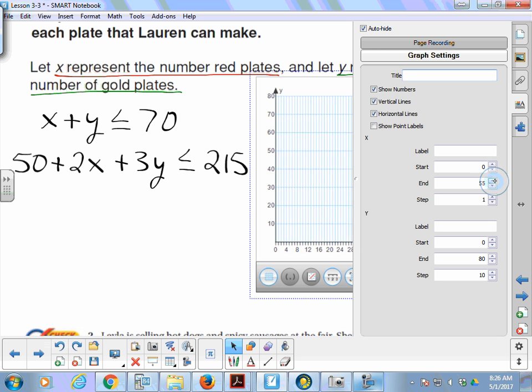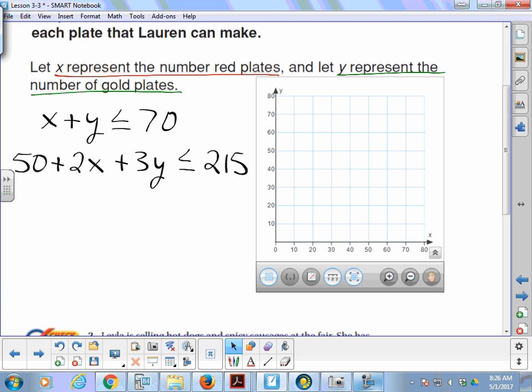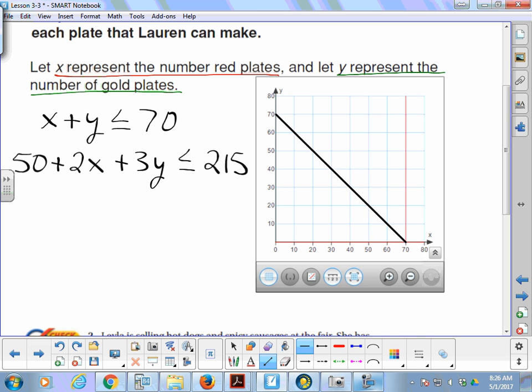I'm going by tens. I could have left it in the ones. All right. So first thing we know, we've got one line that is x plus y equals 70. All right. So that's just going to be a solid line from 70 to 70. So there's our first one.